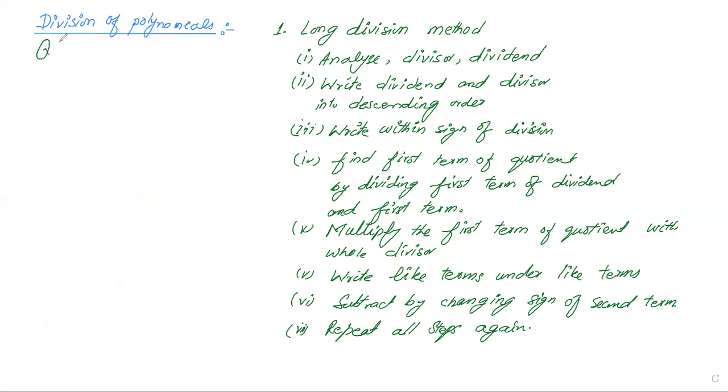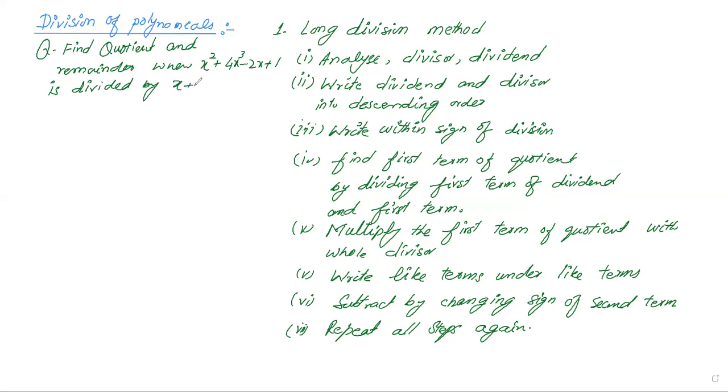Find the quotient and remainder when x square plus 4x cube minus 2x plus 1 is divided by x plus 2.